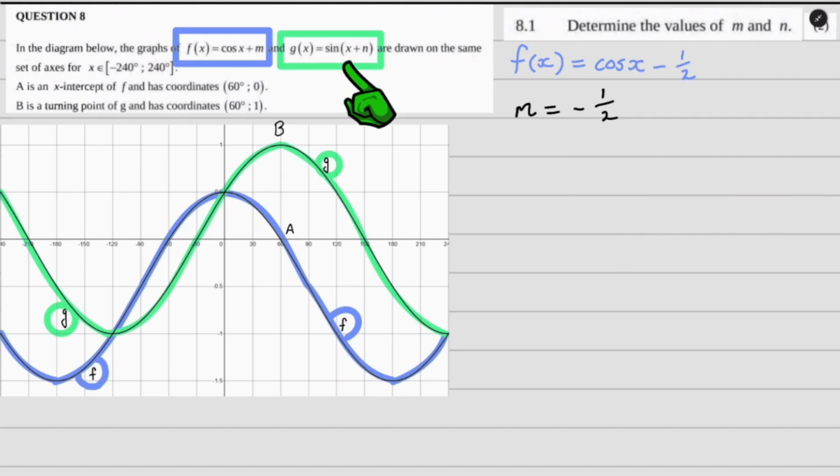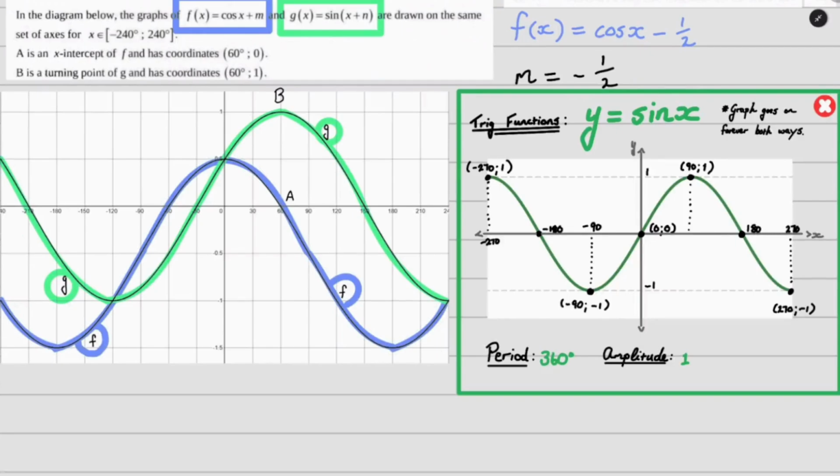Alright, now let's tackle the sine graph. Let's think of the original sine graph. It also has a wavy shape, and this is our focal point. It should start at 0 and 0, but this one doesn't start at 0 and 0. It starts at minus 30. So this graph has been moved 30 to the left.